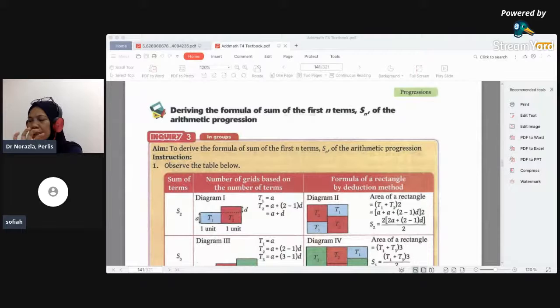So the first term is T1 and the second term is T2.